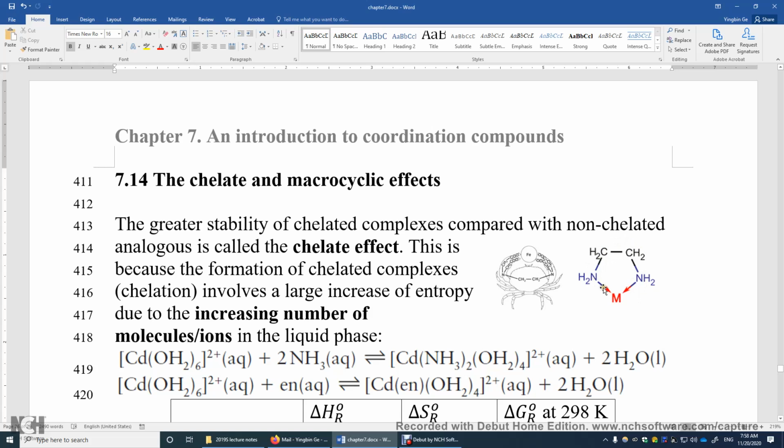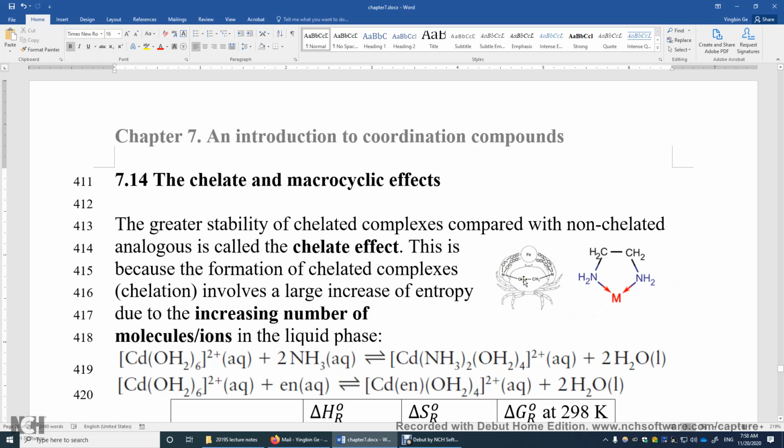Once this nitrogen is bonded to this transition metal, this NH2 functional group supposedly is very close to this metal as well. And the formation of a second bond will be quicker than between this metal and another free ammonia molecule.